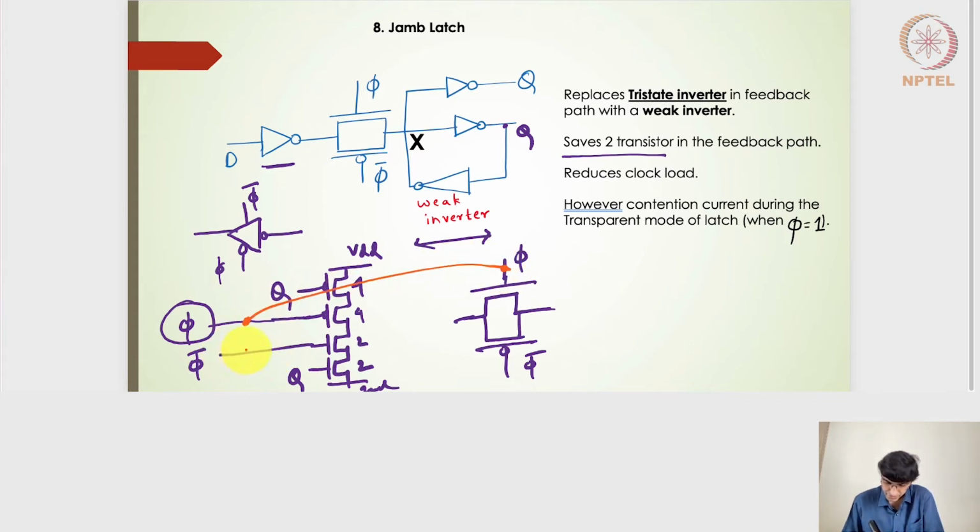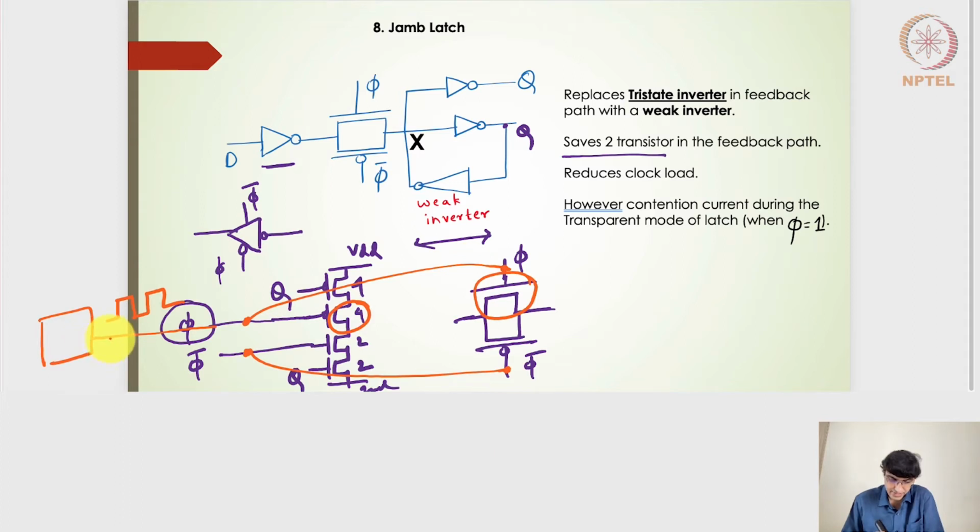And then this phi-bar, this one and this one, are also connected, right? And what it really means is, if there is a clock circuit generating the clock signal, it not only has to drive this particular transistor, it has to drive this particular transistor also, right?